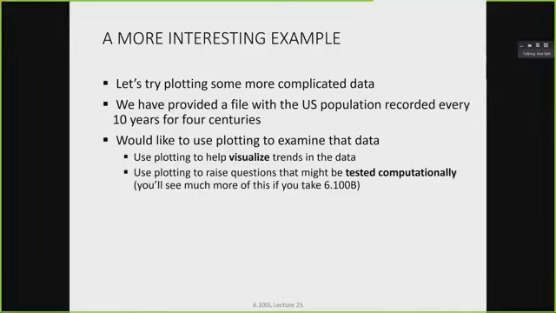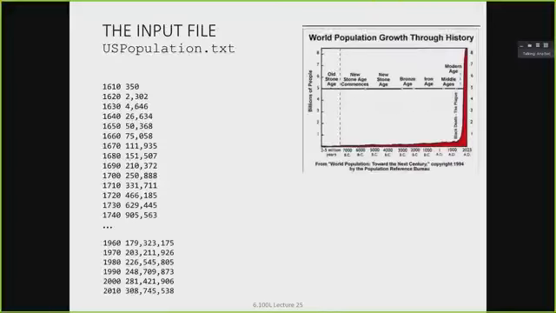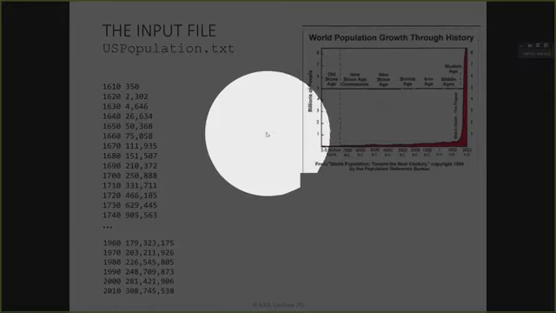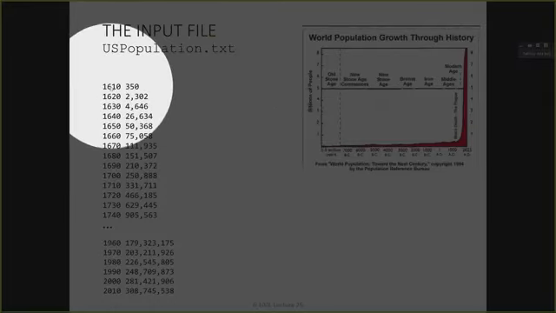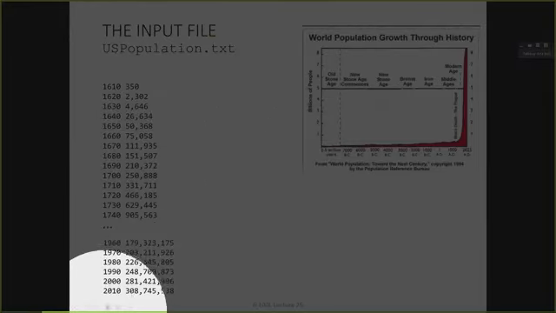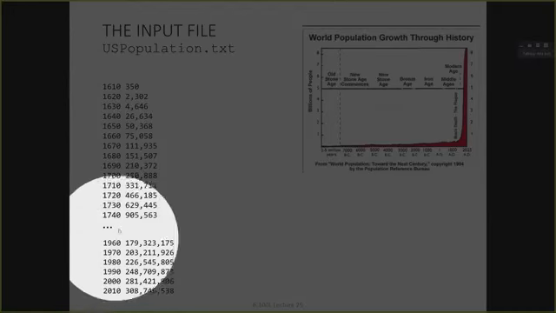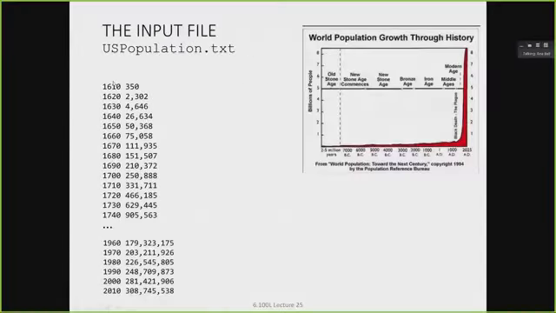So that's 40 different values, starting from, I don't know, a really long time ago till about 2010 or something like that. So the file looks something like this. So it starts at 1610 and goes down to 2010. So this is 40 lines for 40 years, 400 years every 10 years.